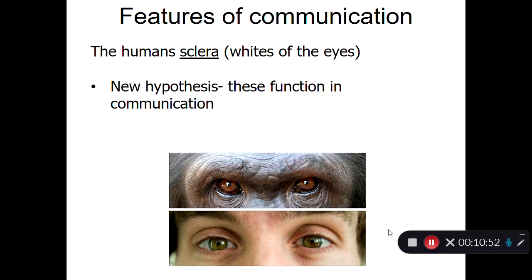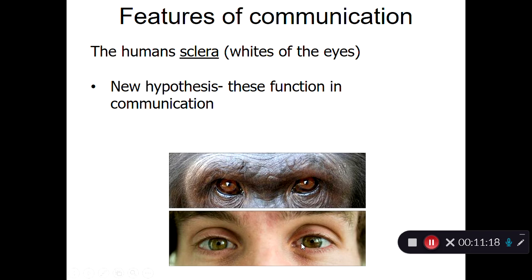Now, the eyes are very special, and we're sort of hardwired to pay a lot of attention to eyes. And the thought here was that humans evolved this special adaptation, the whites of our eyes called the sclera. And the hypothesis is that this allowed better communication to our ancestors in the forest, where it was dark and leafy and very hard to see one another.